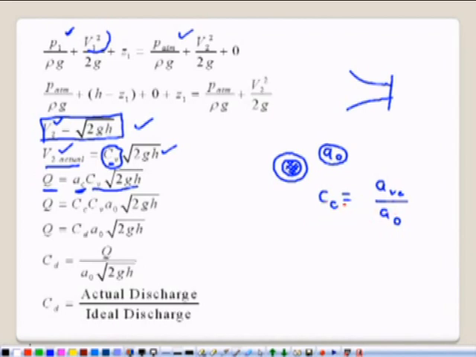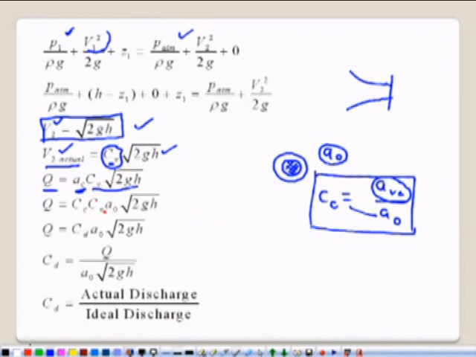So by invoking this relationship, in which we have to find out the Cc, we can write Q, the discharge, is equal to Cc multiplied by A naught. This will give you the area at the vena contracta. So the area at the vena contracta is equal to Cc into A naught, into actual velocity.